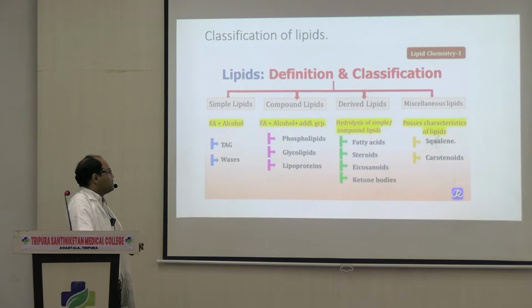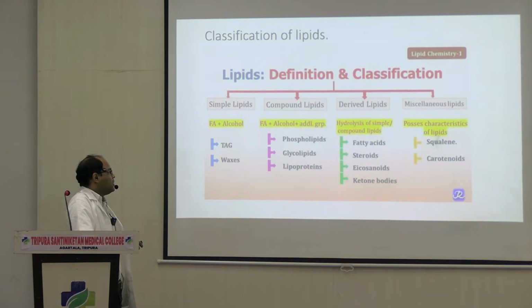And next is derived lipids. They are simply formed from hydrolysis of simple or compound lipids like fatty acids, steroids, eicosanoids, ketone bodies. These are examples of derived lipids.